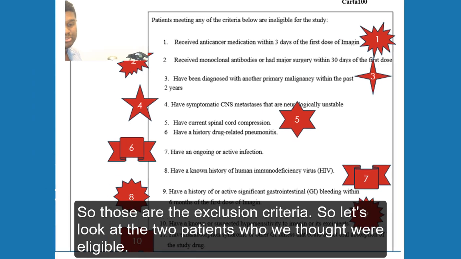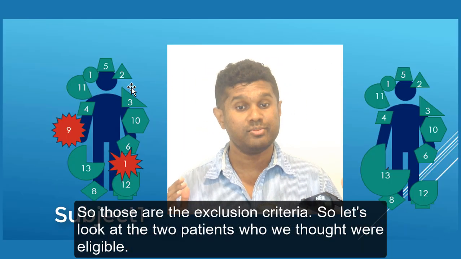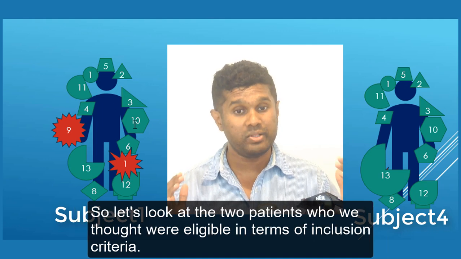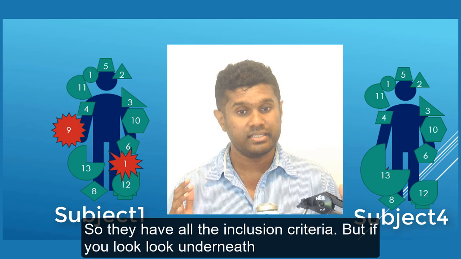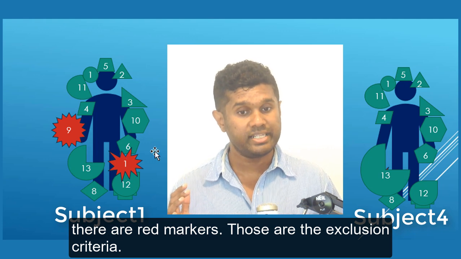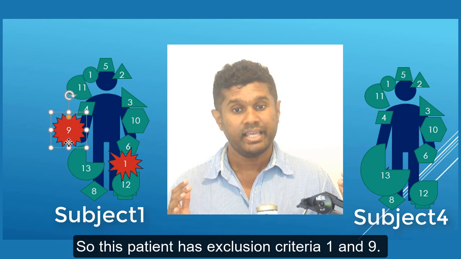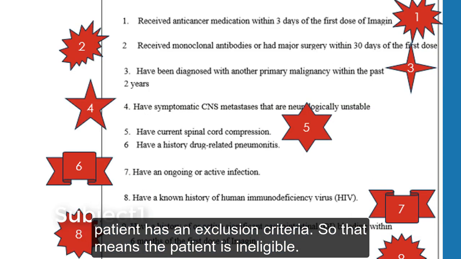So let's look at the two patients who we thought were eligible in terms of inclusion criteria. They have all the inclusion criteria, but if you look underneath, there are red markers. Those are the exclusion criteria. So this patient has exclusion criteria 1 and 9, right? The known hypersensitivity.